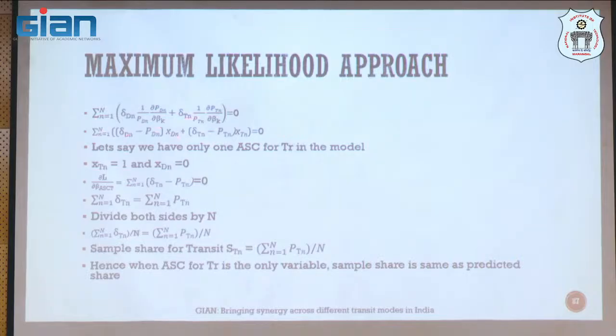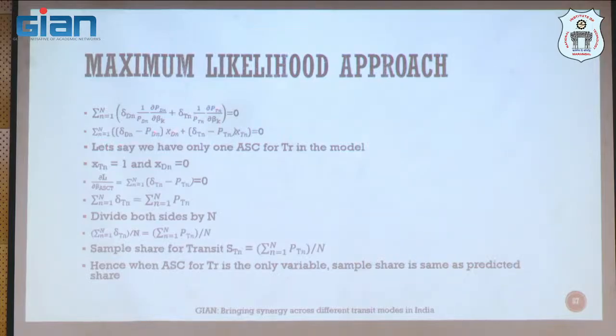You'll see delta DN minus PDN times XDN plus delta TN minus PTN times XTN should be equal to 0. If your x happens to be only an alternative specific constant, which means only 1, then for drive XDN is 0, so this part of the curve is gone.